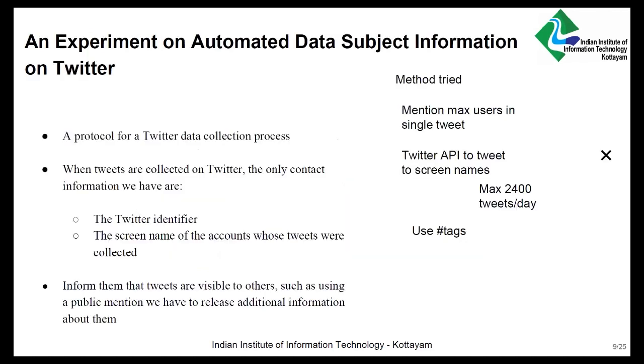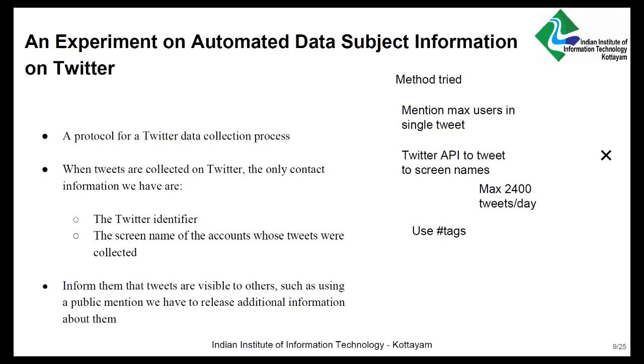This is another experiment conducted by a few researchers to get to know how GDPR is functioning. They wanted to conduct an experiment over data collection. They tried to inform all Twitter users that they were going to conduct a GDPR survey, to know how effective it is.